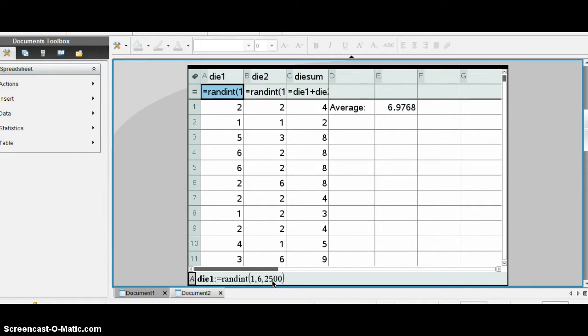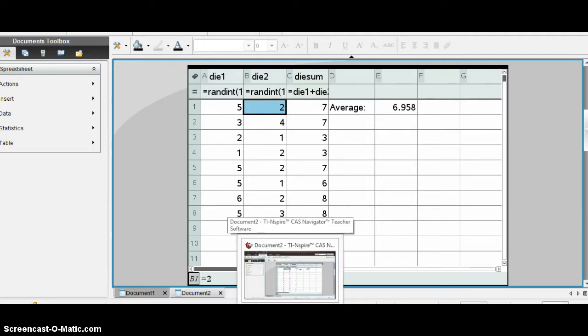I can kind of redo this. Maybe if I press enter on any column, I create a new random list, and you can see, okay, the average is always going to be around 7, and that's just for a relatively small number of rolls, which is 2,500 rolls. If I could get that even larger, you'd see that I'd get even closer and closer to 7.